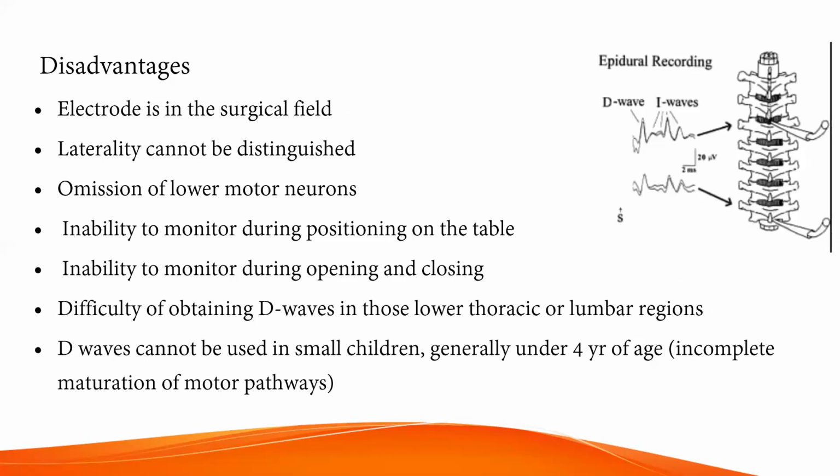There is also omission of lower motor neuron damage, inability to monitor during positioning of the patient or during the opening and closing of the surgery, and difficulty of obtaining D waves in the lower thoracic and lumbar region. And it cannot be used in small children, in general under the age of 4 years, because the motor pathway is immature.